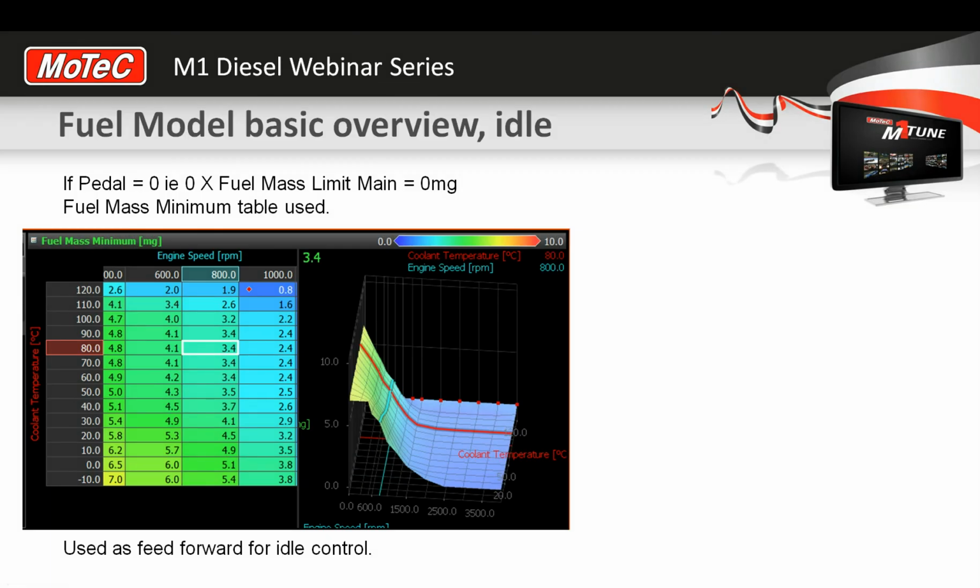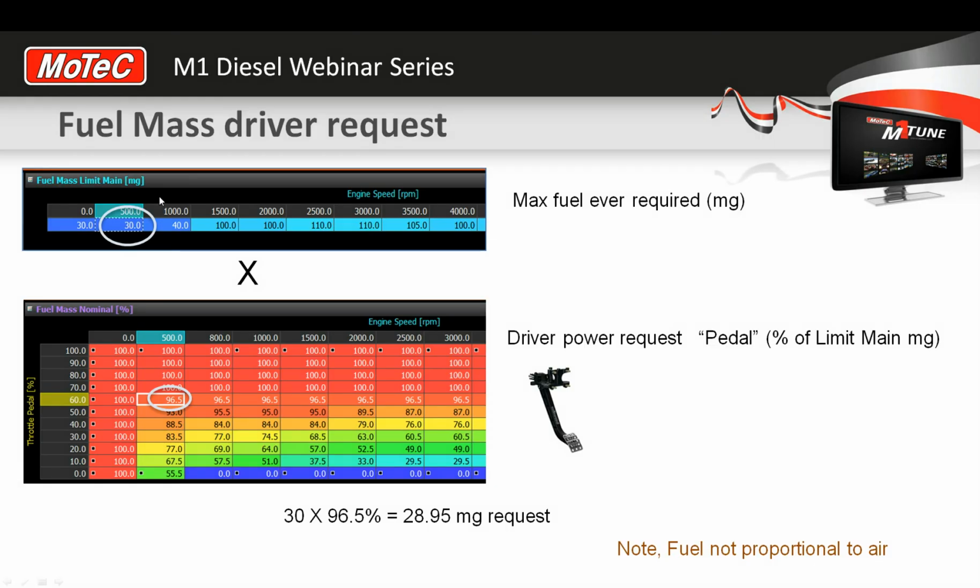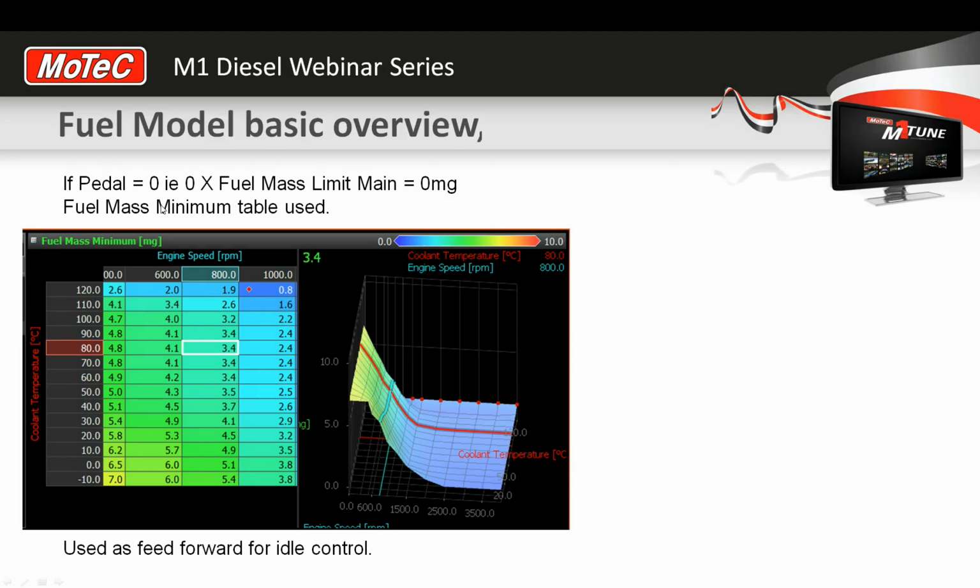And as I said, at the bottom end of the pedal scale, you have the minimum amount of fuel that's going to be delivered. So we've got our fuel mass limit at the top of what's possible, and our fuel mass minimum at the bottom.